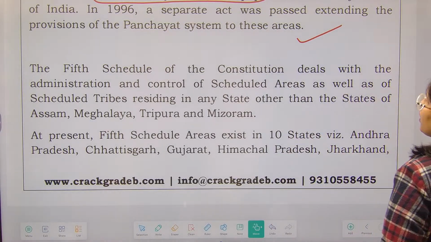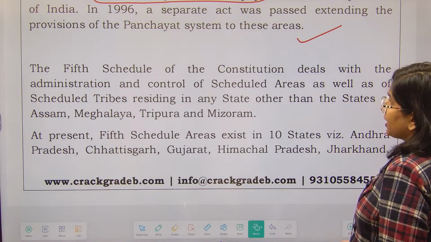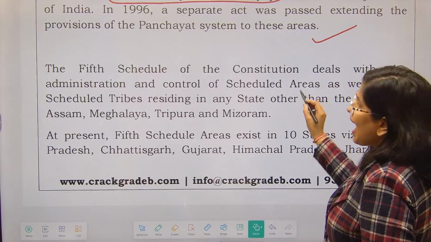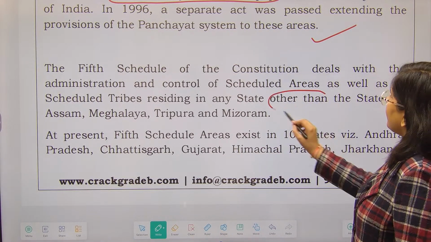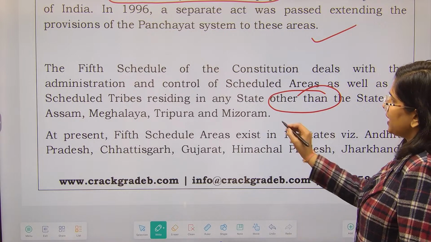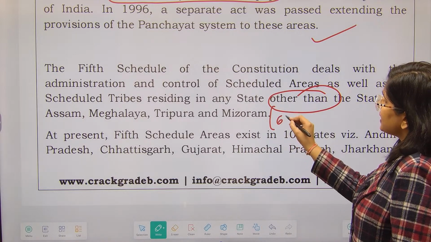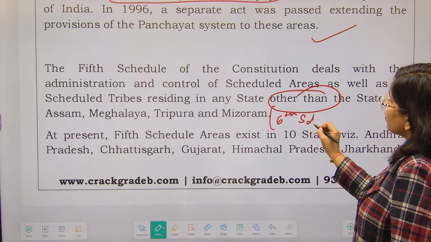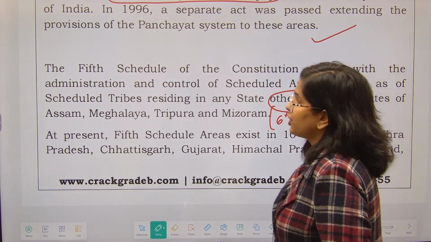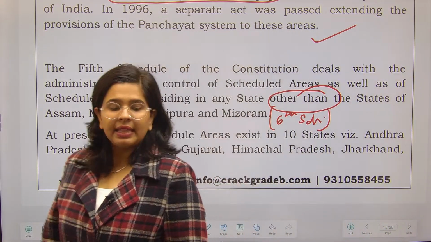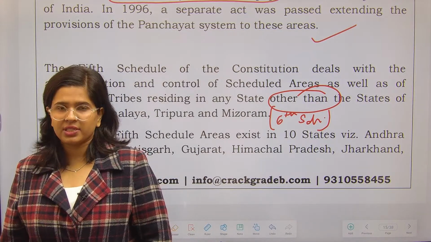So the fifth schedule of the constitution deals with the administration and control of scheduled areas as well as scheduled tribes residing in any state other than AM, TM, because those are dealt with by the sixth schedule, right? These four states are dealt with by the sixth schedule, and any other areas where the scheduled tribe population is living are handled by the fifth schedule, right?